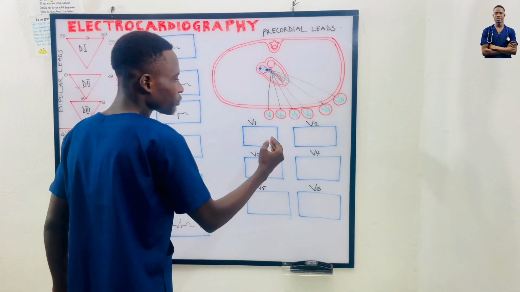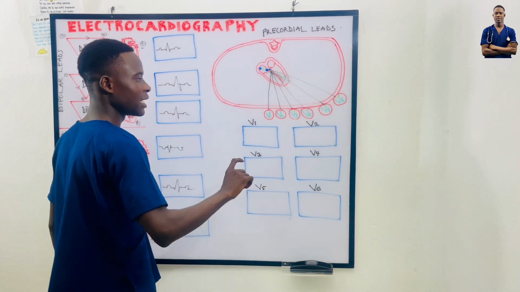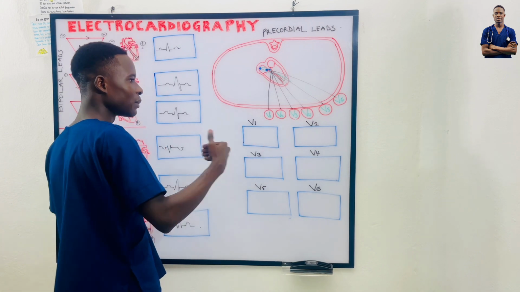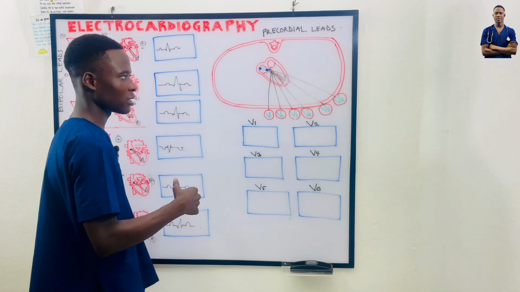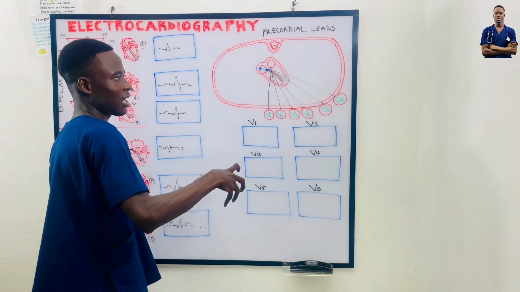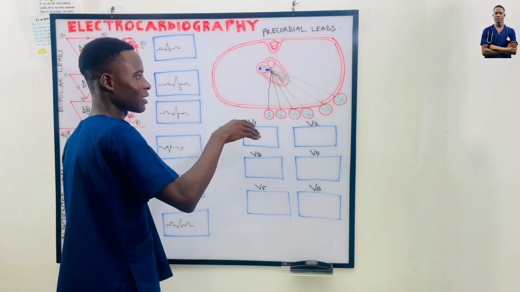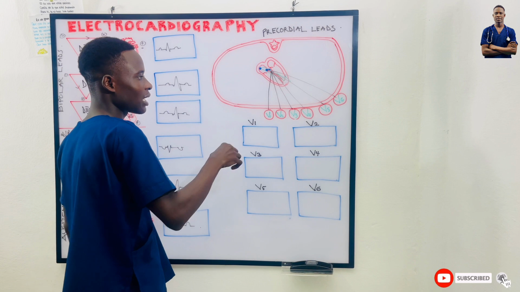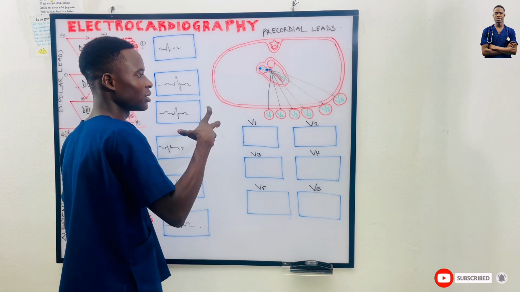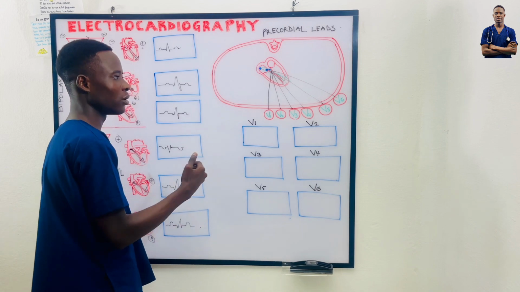But mind you, these 1 to 6 electrodes are not going to record the same length of the QRS complex, because the vector will be pointing towards certain electrodes more than others. Do you understand? So the one that will be getting the direct pointing will get a higher reading of the QRS complex.